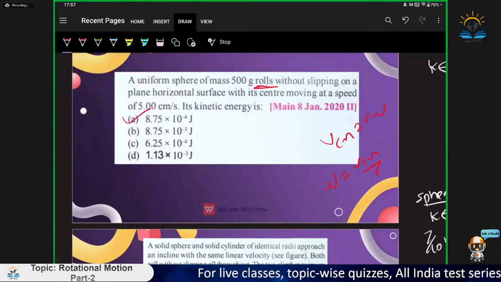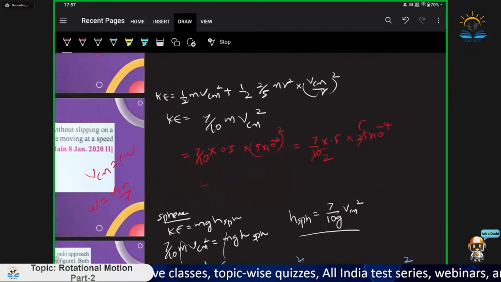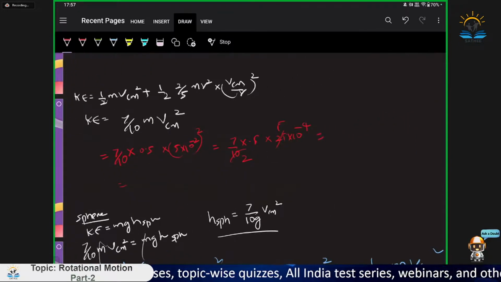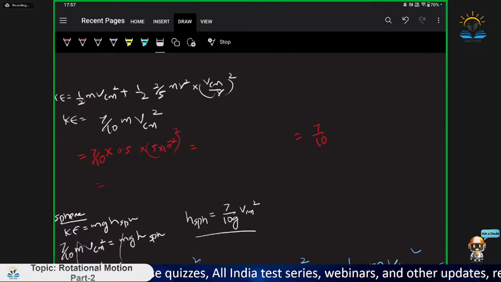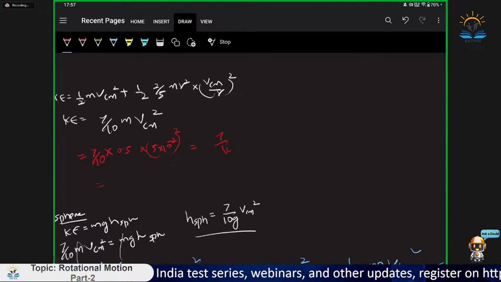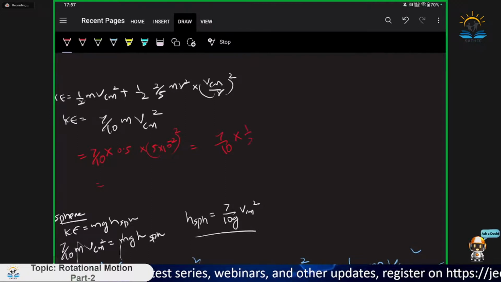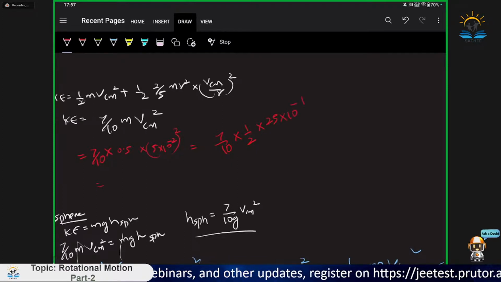Okay, so see the calculation here. We can write 7 by 10 into 0.5, we can write 1 by 2 into 25 into 10 raised to minus 4.